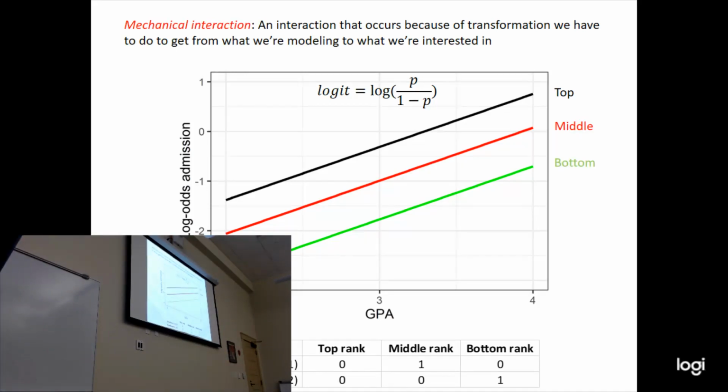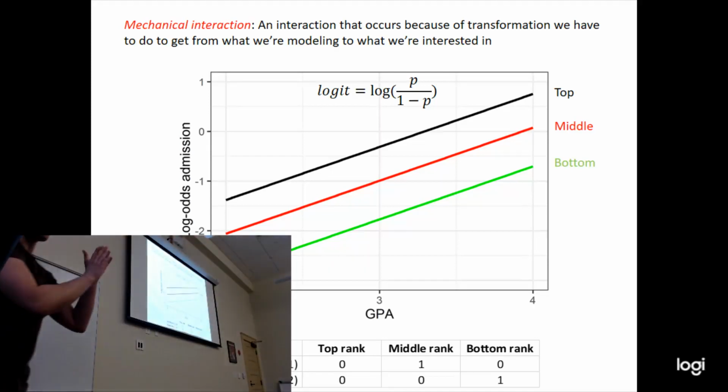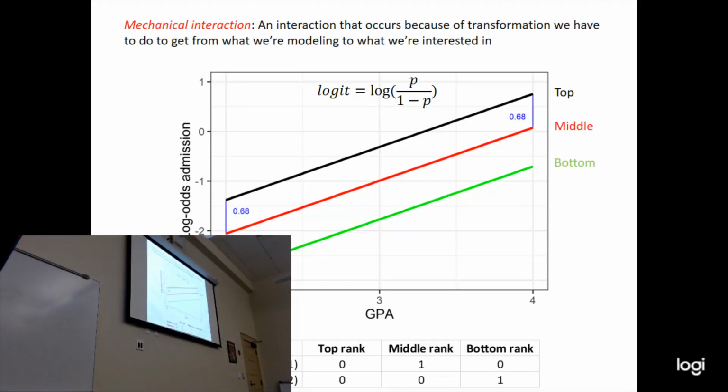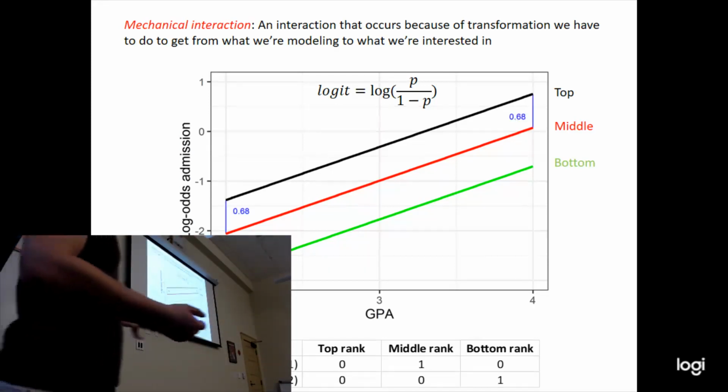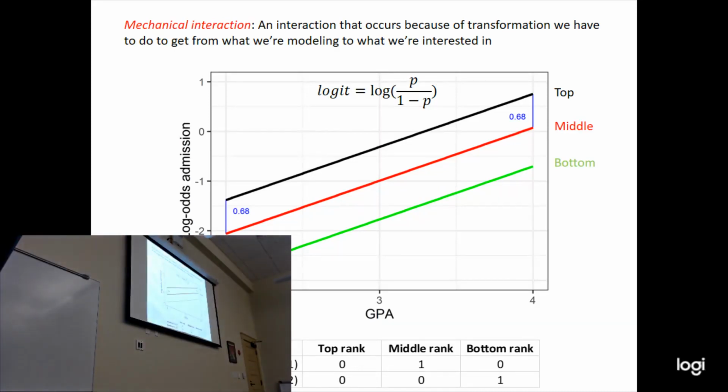So if you calculate the distance at any point between two of these lines, it's the same wherever you calculate it. So this is a little quirk of the generalized linear model. Sometimes, because of this difference between what's modeled and what you want to understand, if you plot things in terms of what you want to understand, you get these mechanical interactions.